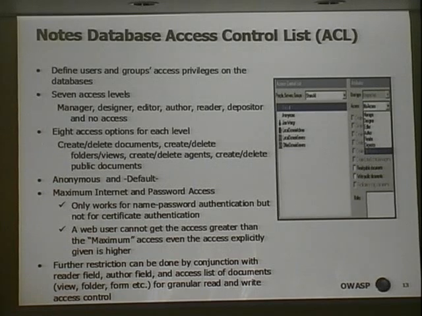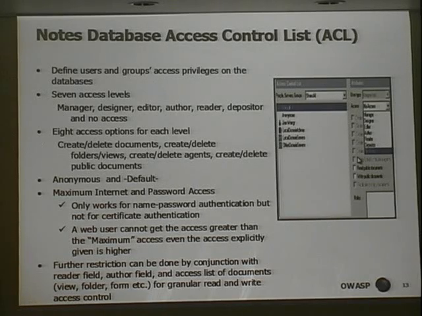Manager basically means you have full access, but no access means only an authenticated Notes user, or an internet user using an SSL client certificate, can access this database. Anything else, you cannot access these databases. For each level, you have access options. You can customize them. The right side, again, is an example.